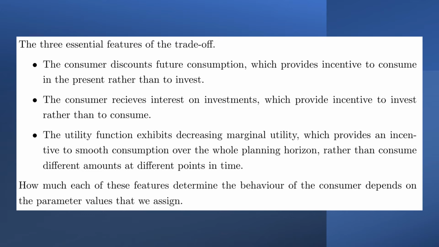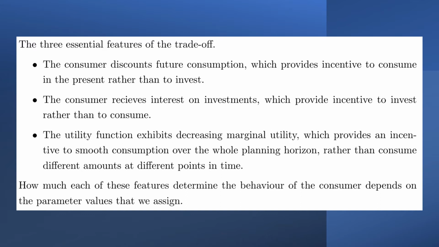If there was no decreasing marginal utility, that is, if the utility function was linear, then we could put all consumption in one specific time period and have nothing in all the other time periods. And it will make no difference to the total utility. However, because marginal utility is decreasing, there's an incentive to smooth consumption over the whole planning horizon.